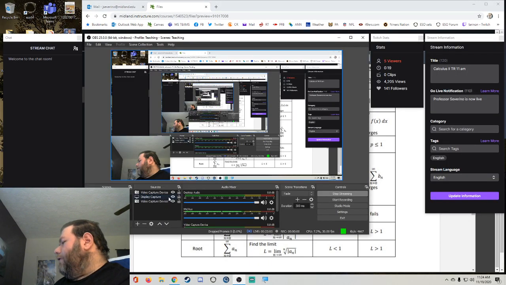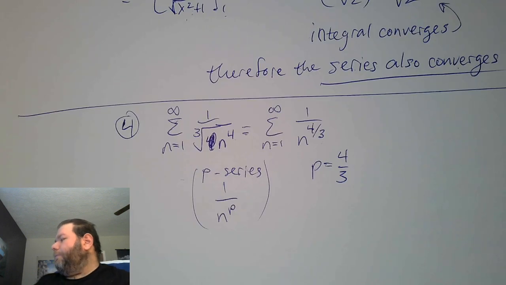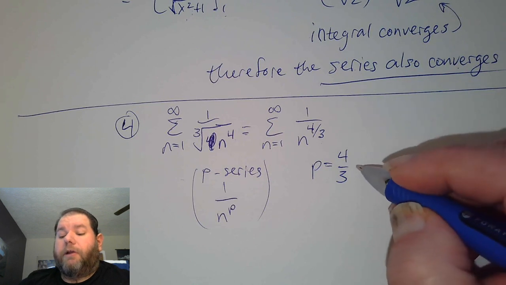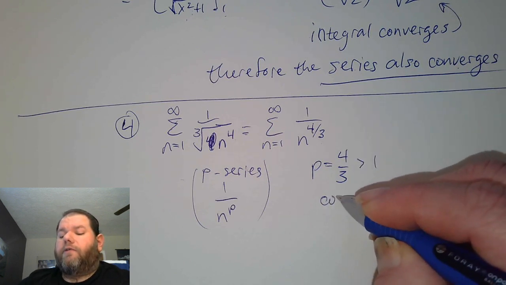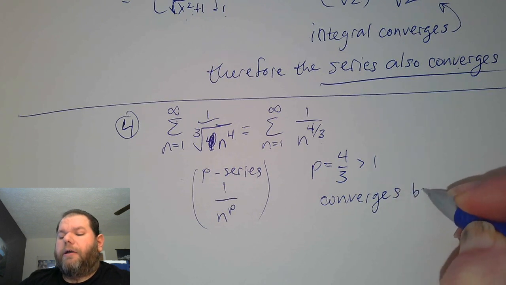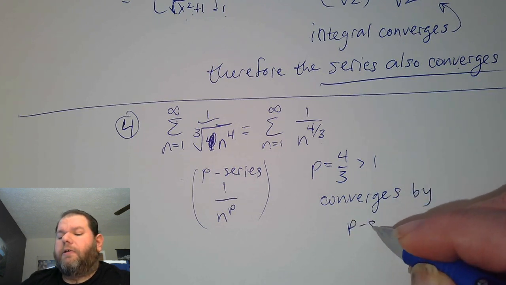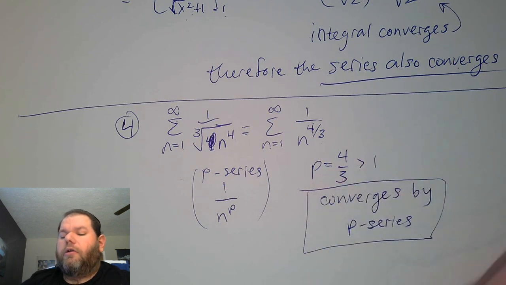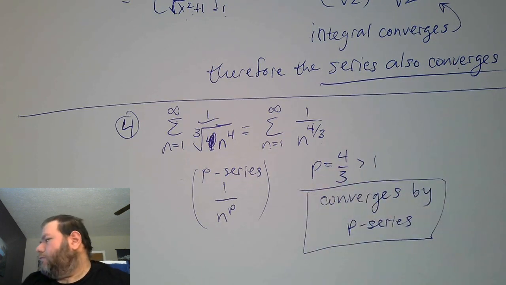And so we look at this individual example. p is equal to 4 over 3. That's bigger than 1, so it converges by p-series. Okay.